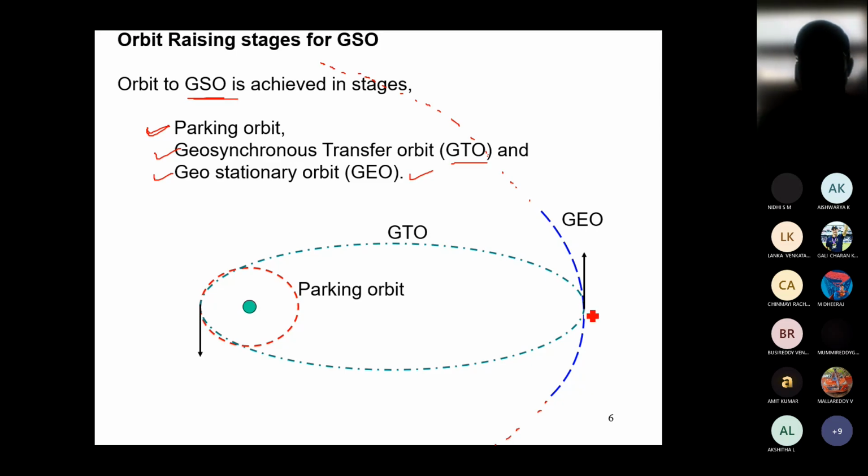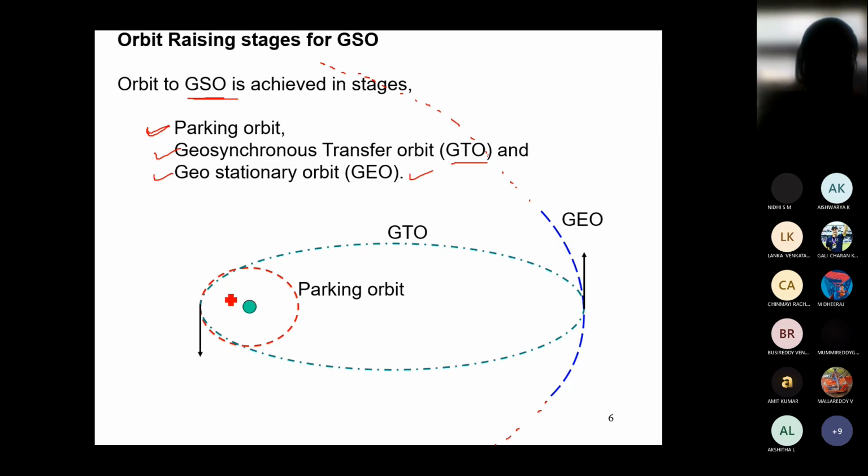At this point, we have to... we know that when the satellite is moving in an elliptical orbit, at perigee, the satellite moves at a very high velocity. At apogee, the satellite moves at a low velocity. Because that we know from the second law of Kepler, the angle swept by the satellite at any two particular time instants is same.